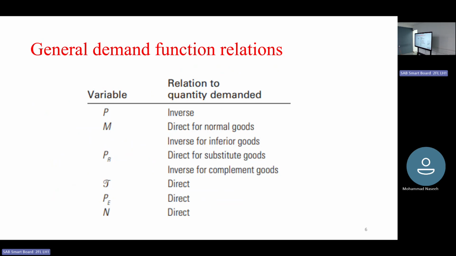Then the third one, normal, and the other one, normal and inferior. Normal and inferior.